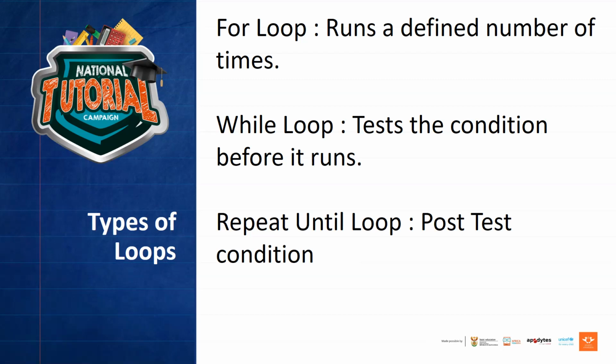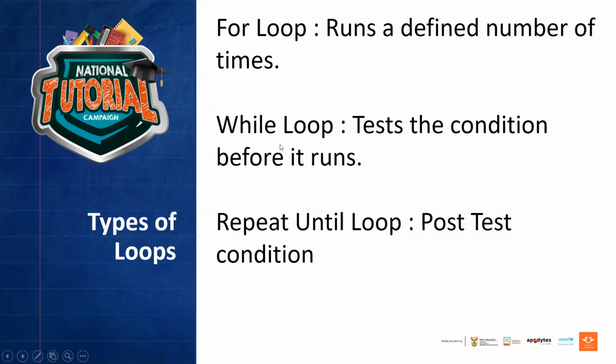It will test afterwards whether that condition is true. That's why it's called a repeat until. So this is a post-test, this is a pre-test, this is a predefined loop that tells us the number of times that a program can run.